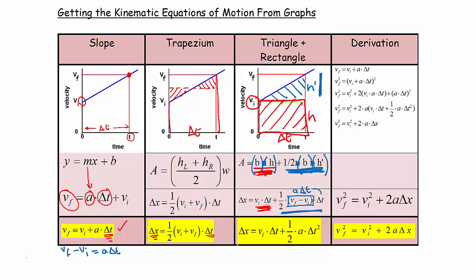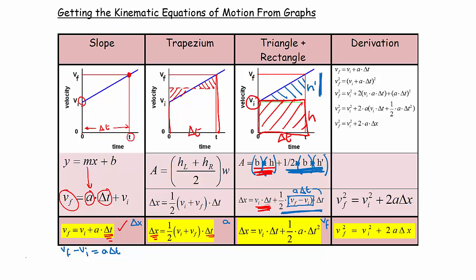And I'll tell you the reason why we're doing that: I want this equation to have everything in it except delta x. And I want this equation to have everything in it apart from A. And I want this equation to have everything in it apart from V final.